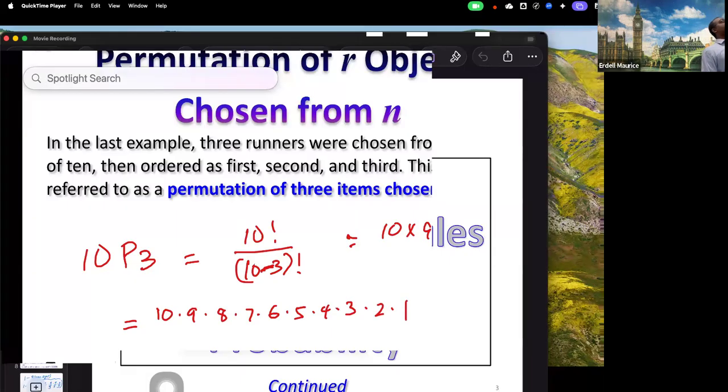Questions there about the numerator? Now, what is 10 minus 3? So the denominator is actually 7 factorial, yes? What is 7 factorial? 7 times 6 times 5, 4, 3, 2, and 1, yes?